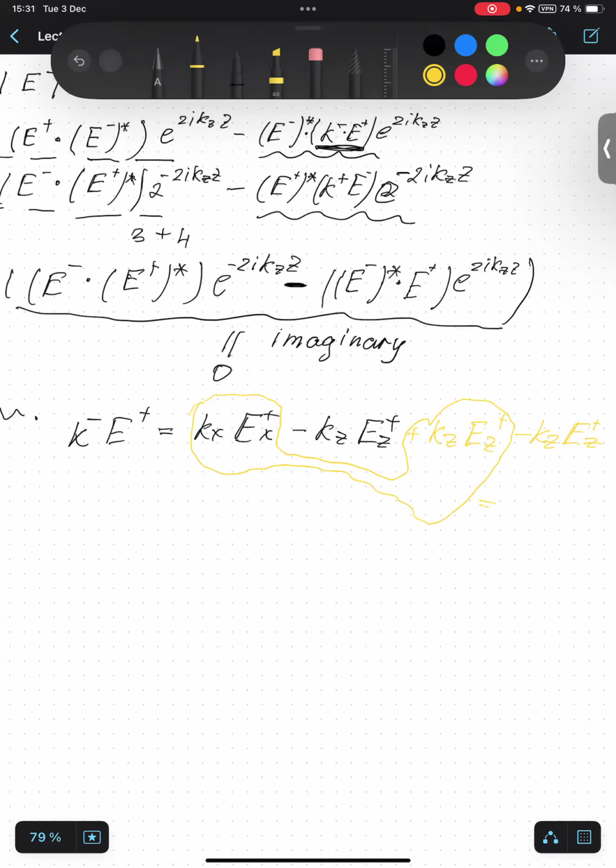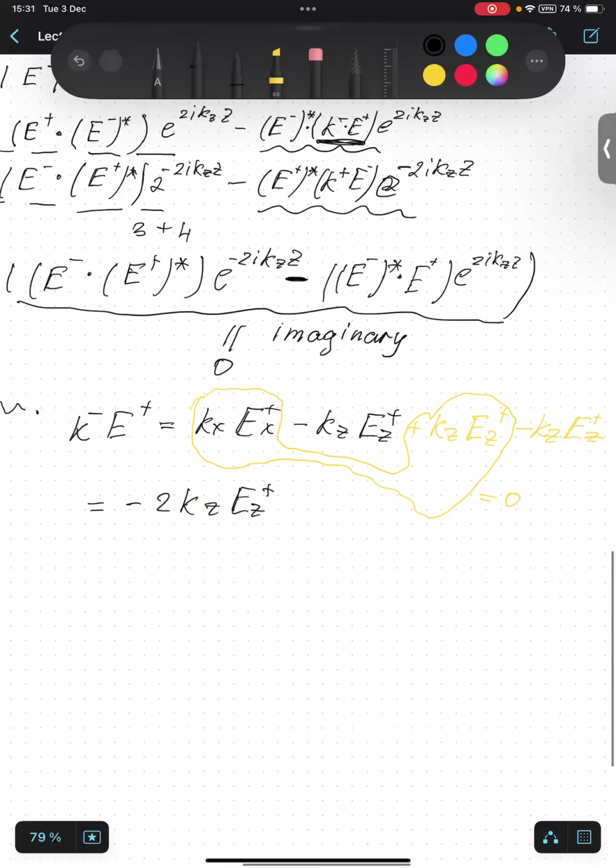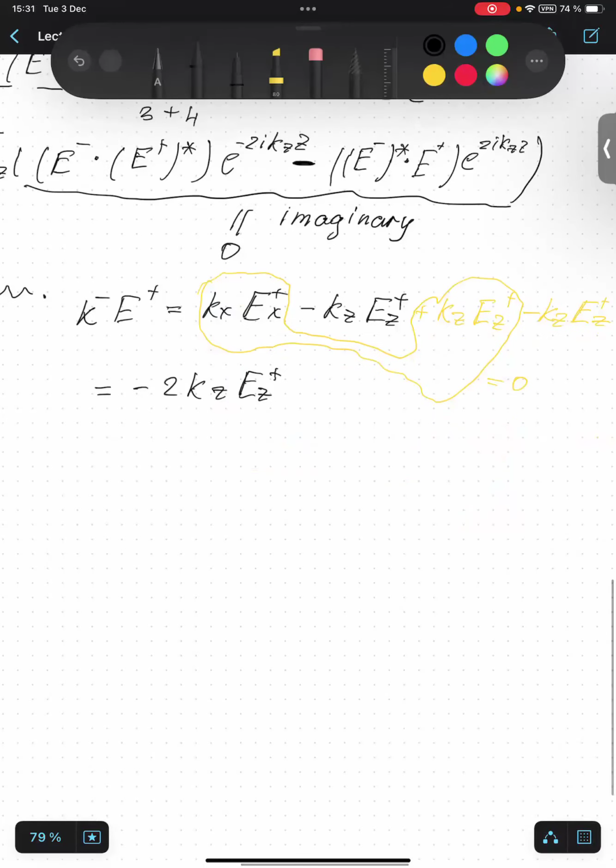What is it? It is 0. So the final answer for it is minus 2kz ez plus. Obviously, for k plus e minus, we will have the same expression, but with plus. Kz e minus.